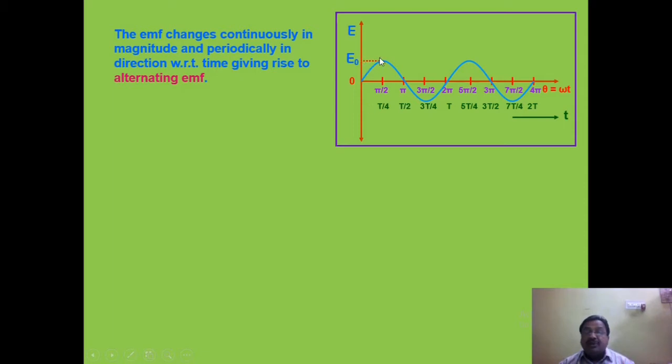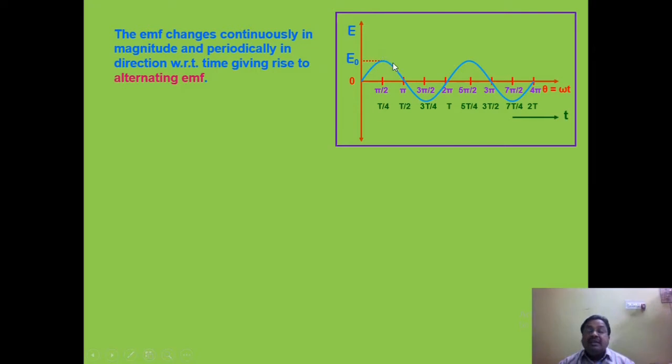If it is E0 in the positive direction at T by 4, then after 3T by 4 it will be minus E0, then it starts increasing and becomes 0, again becomes plus E0, and so on. So this shows the variation of induced EMF with omega t or t.